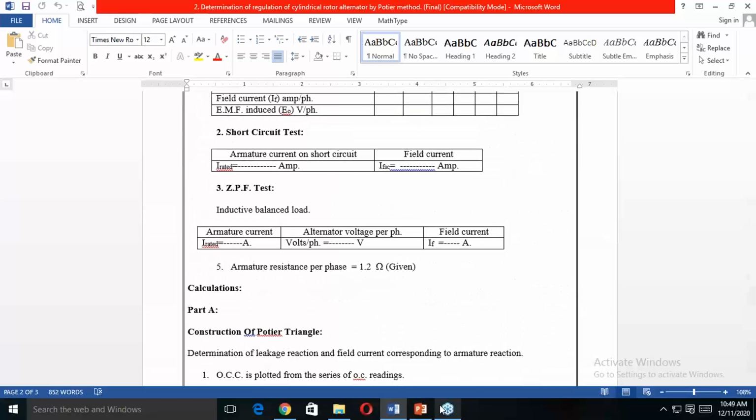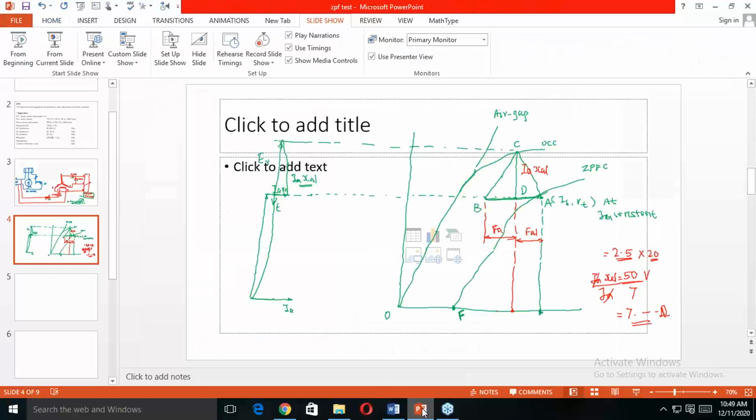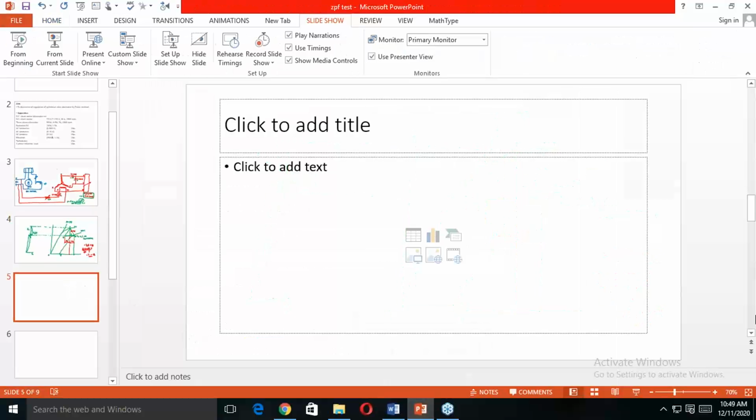After calculation of XAL, what do you have to do? Calculate ER. How to determine voltage regulation?